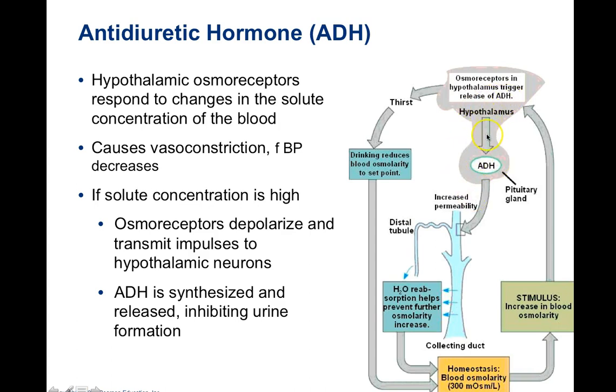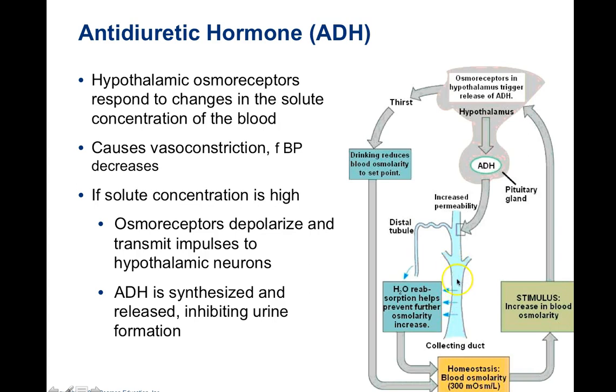That will send the signal down the neurons into the posterior pituitary gland and release ADH from the axon terminals there. It'll go into blood circulation and travel over to the kidney, where we have the functional unit of the kidney, the nephron, and specifically at the distal convoluted tubule and the collecting duct, it will synthesize aquaporins.